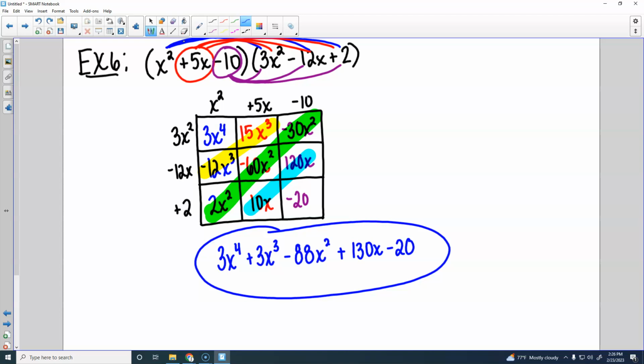Now I want to say that Coach Brown has his kids use the box even on simple problems. So let me show you how it would work. Now, I can tell you from looking at this problem that it's going to be 3x squared plus 19x minus 14.